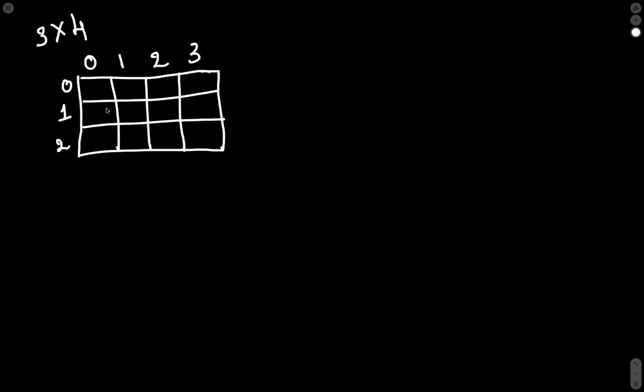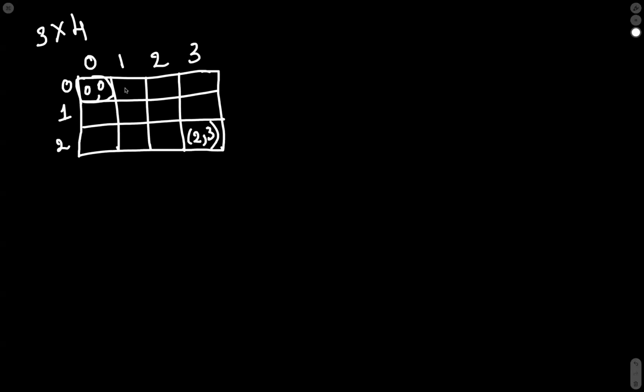So they are asking how many possible paths there are starting from this cell to this cell. The index of this cell would be 2 comma 3, the second row and third column, starting from 0 comma 0.